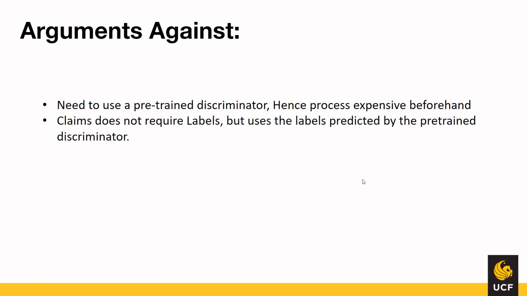Similarly, they mention that they don't have access to the label space, which is true, but they use the labels predicted by this pre-trained network in order to classify the fooling rate. So in a way, they are accessing the labels.